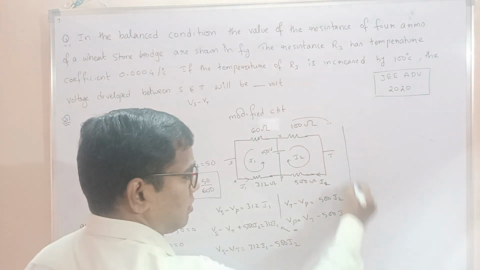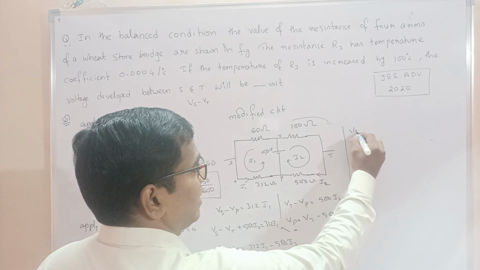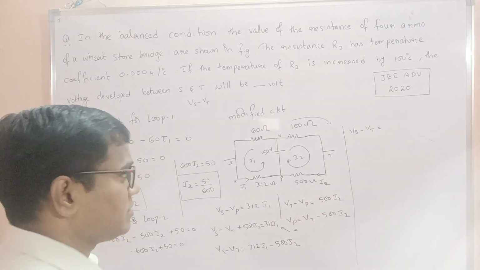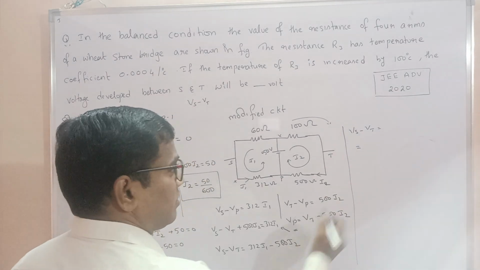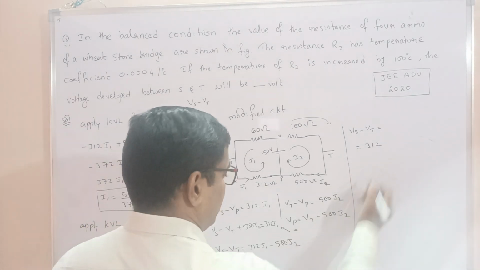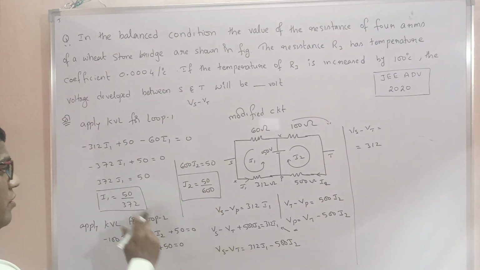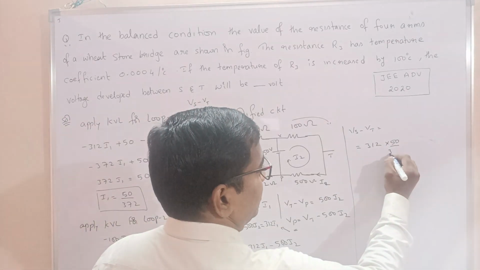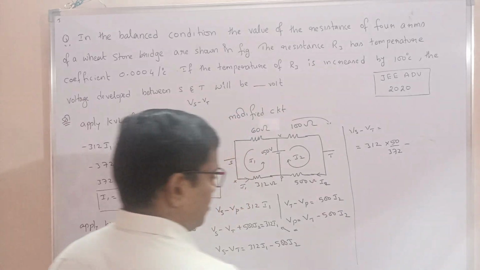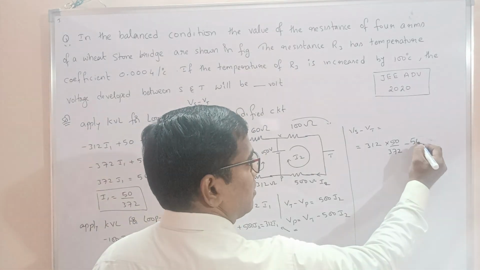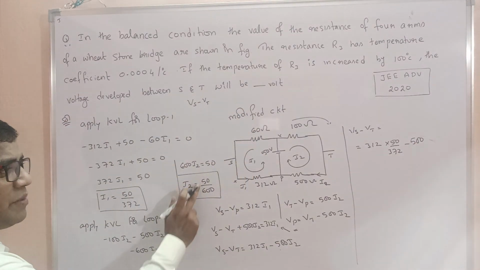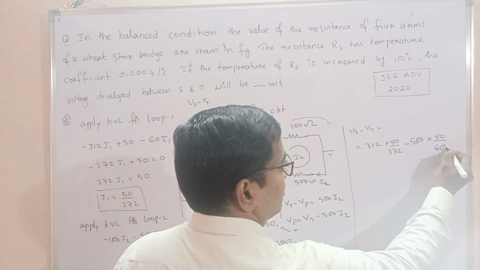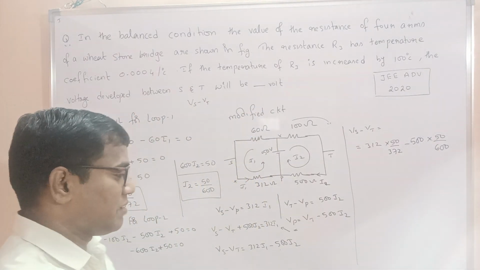So I will solve here. Vs minus Vt can be written as 312 I1, which is 312 into 50 by 372, minus 500 into I2. What is I2? I2 is 50 by 600. Just substitute the values.